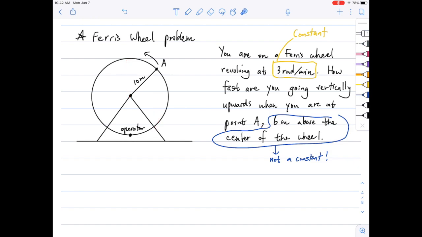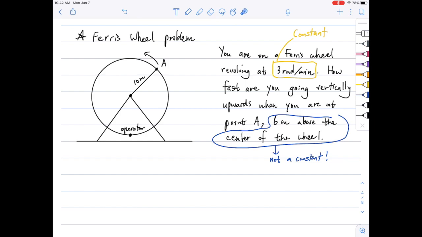So that's always changing. It's just that we're interested in finding a rate when the height above the center of the wheel is 6 meters. So this height seems to be important, and we're going to have to use this height measurement somehow. So when you define your variables, you want to keep in mind that this height they're providing you above the center of the wheel is going to be important.